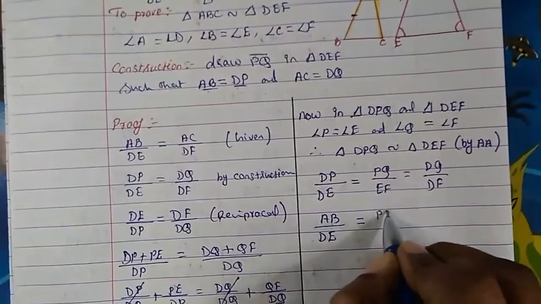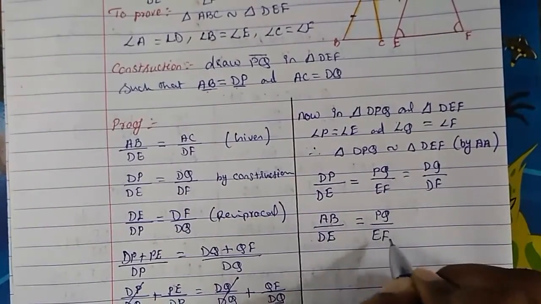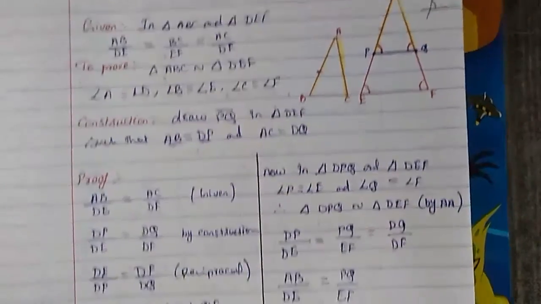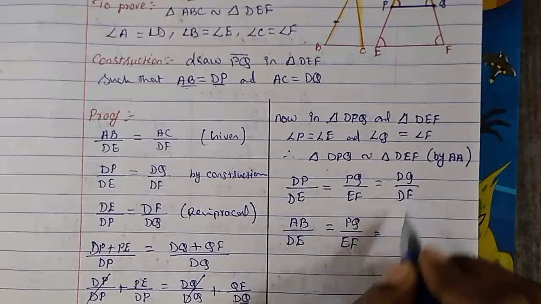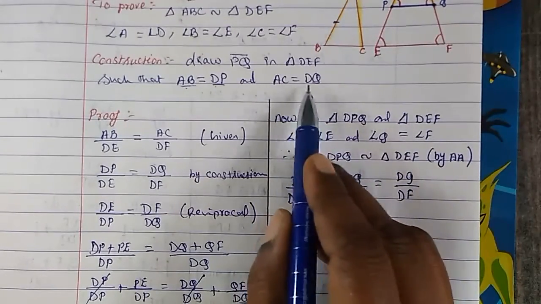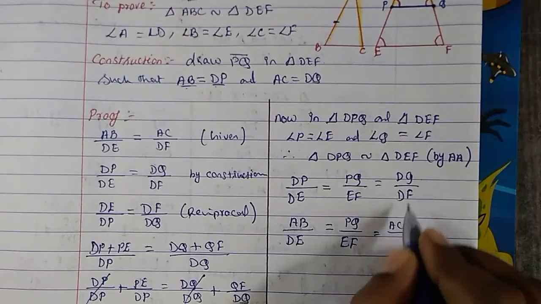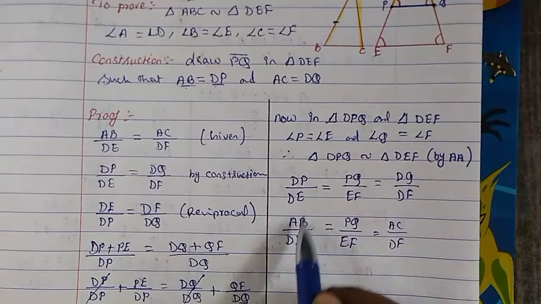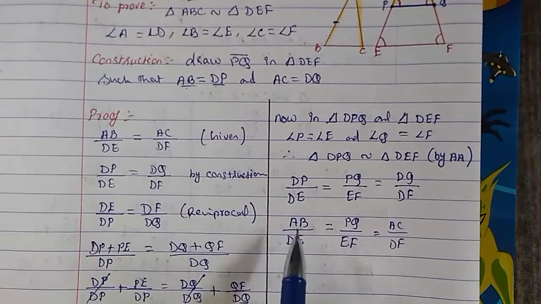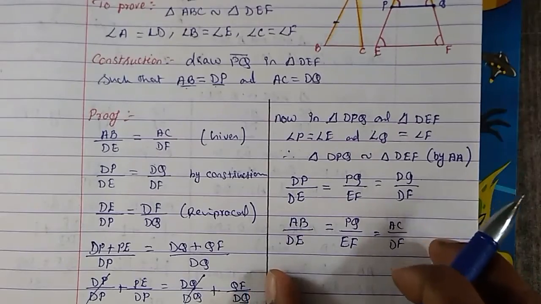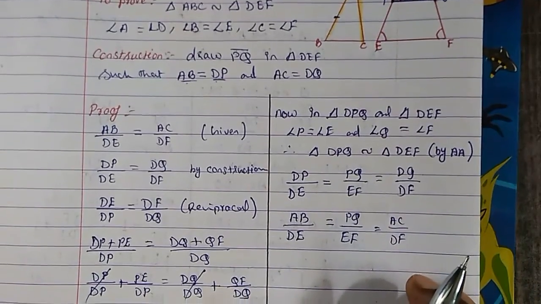PQ upon EF we write as it is, we can't change this ratio. DQ upon DF we can change, though it is not useful, but still you can write it. So instead of DP we have written AB and instead of DQ we have written AC. Now what is needed? We will take only that.